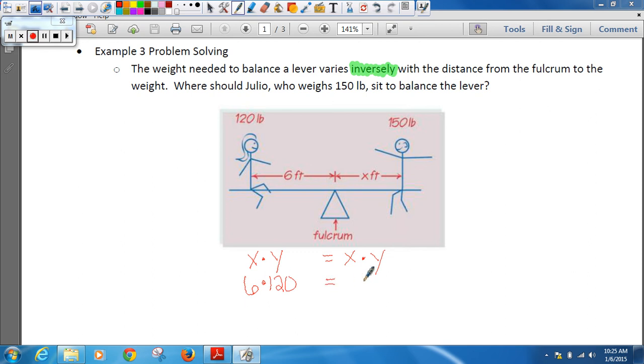And on the other side, x, we don't know, it's right here, times 150. 6 times 120 gives me 720, which is equal to 150x. The opposite of times 150 then is to divide by 150. So then we get x is equal to 4.8 feet.